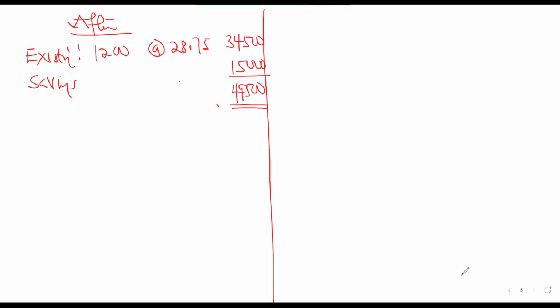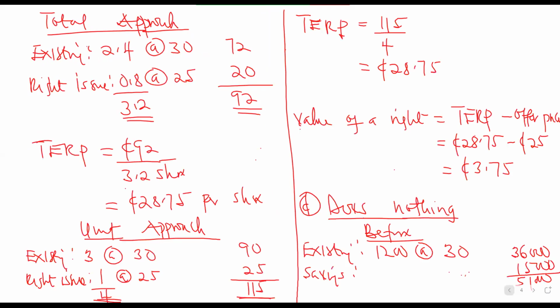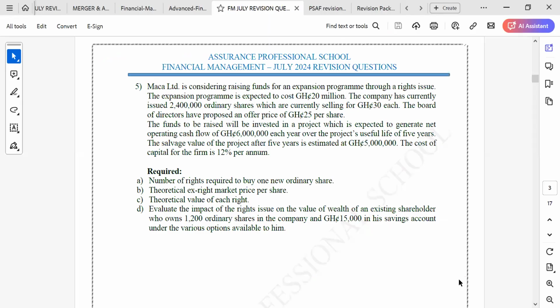Let's come to where the person exercises the rights. Okay, sorry. If the person does nothing, you see, the investment will be giving a return, and the return will be shared among all the shareholders. So let's look at their portion of the return also.